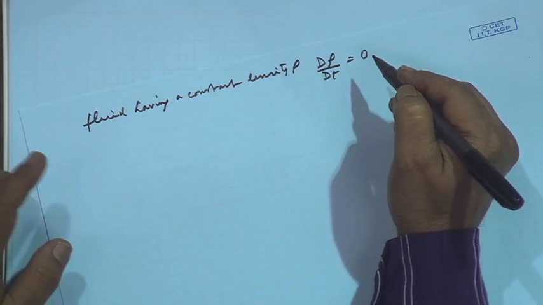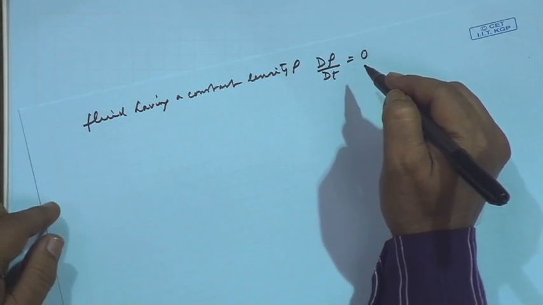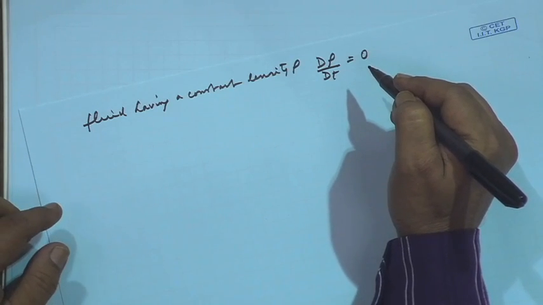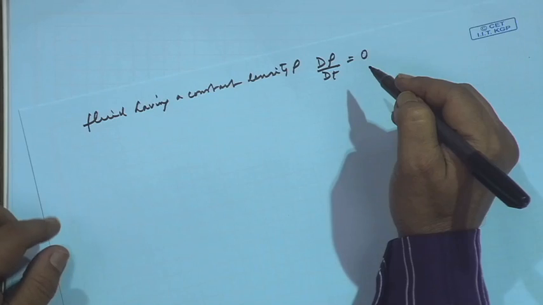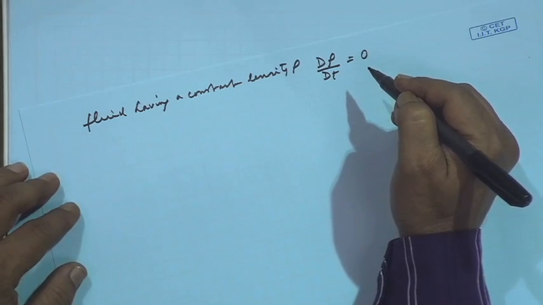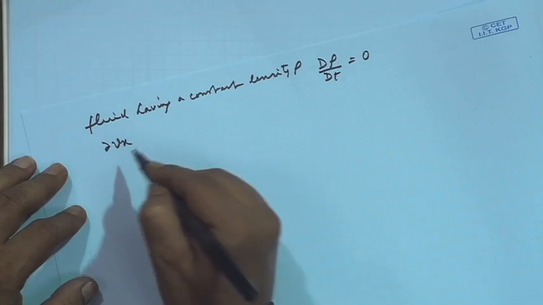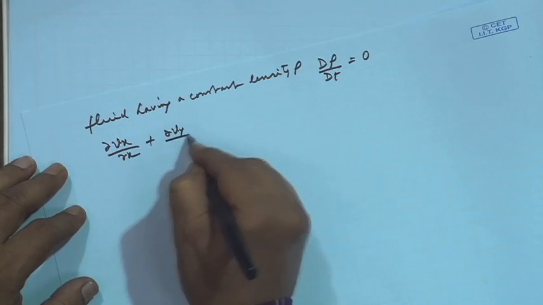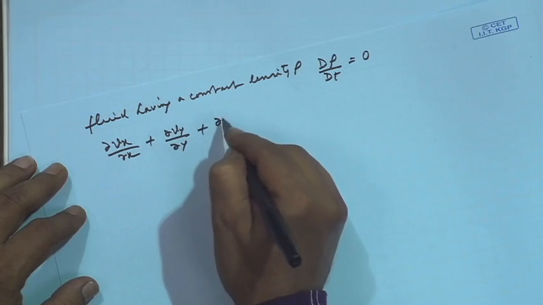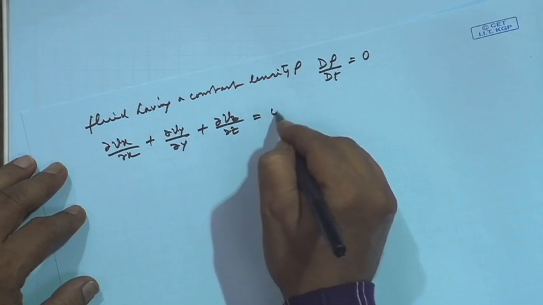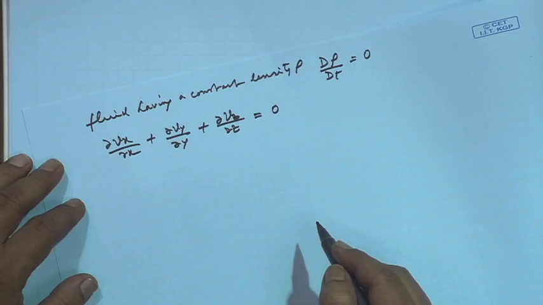We said this earlier also: if the density is constant, then Dρ/Dt is equal to 0. So we can write ∂Vx/∂x plus ∂Vy/∂y plus ∂Vz/∂z equal to 0.